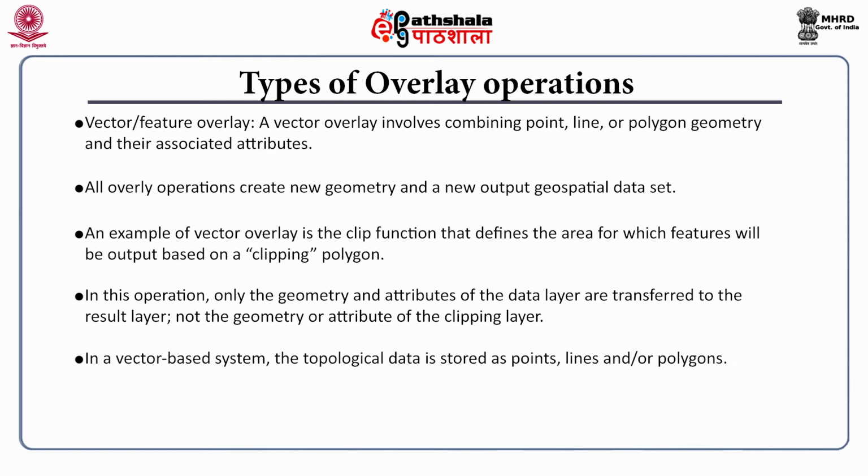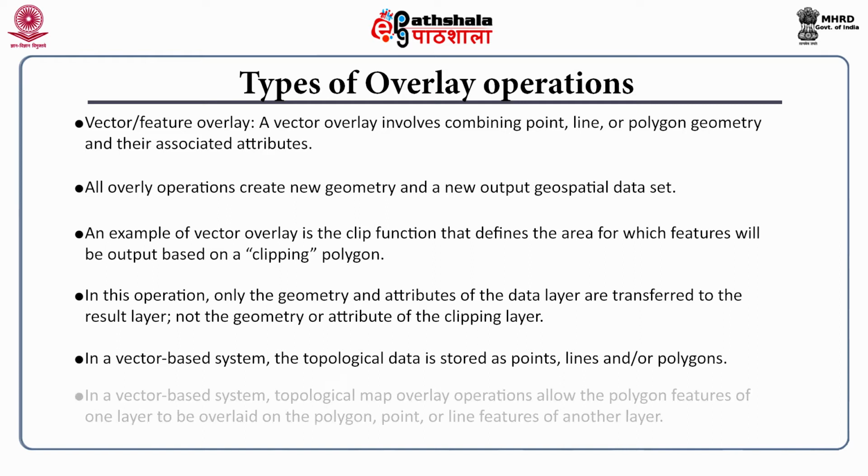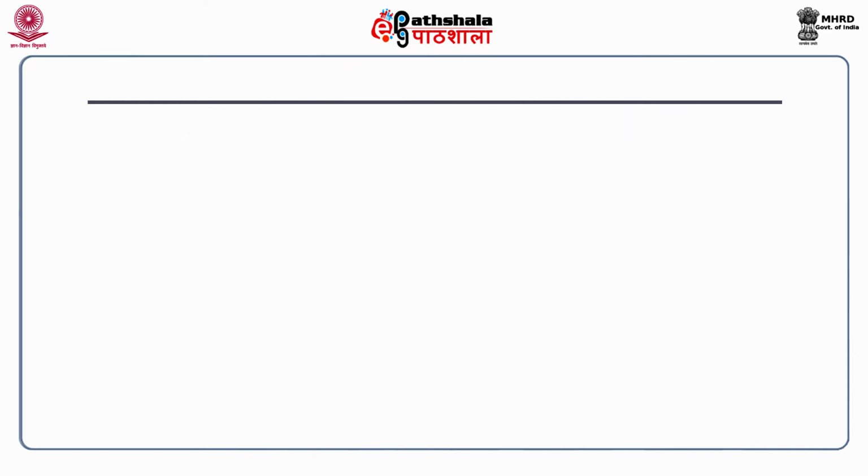In a vector based system, the topological data is stored as points, lines and or polygons. In a vector based system, topological map overlay operations allow the polygon features of one layer to be overlaid on the polygon, point or line features of another layer. Further, the topological vector overlay operations can be classified via two methods.